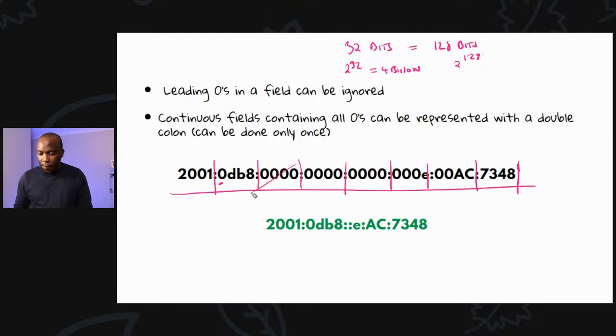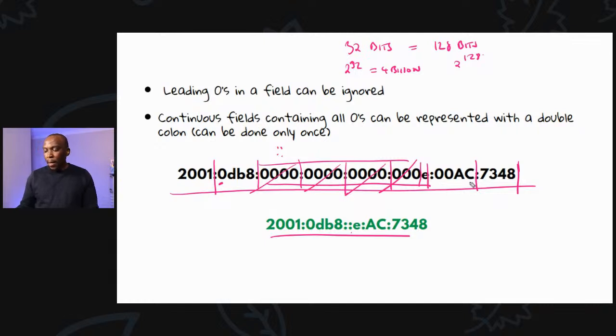This can be represented by a double colon. So we can ignore all these, and we can rewrite our address as 2001:0db8 and then the double colon, which is basically accounting for all these zeros. So that's one way of writing our IPv6 address.